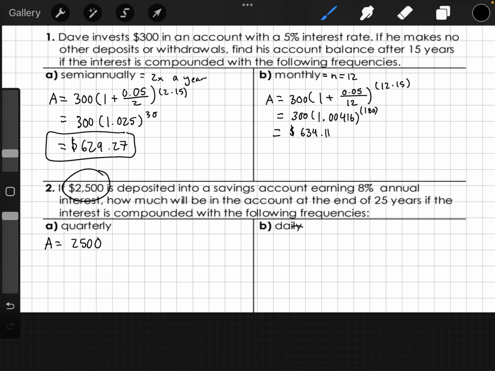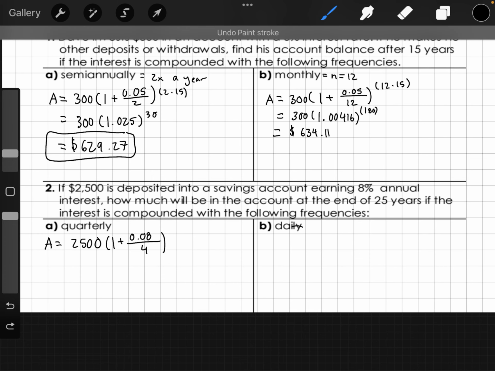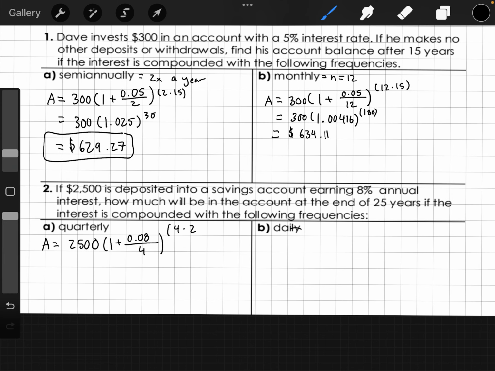So A equals the initial amount, which is $2,500, multiplied by 1 plus the rate, which is 8%, so 0.08, over 4, because quarterly is 4 times a year, to the power of 4 times 25, because it's asking for 25 years.